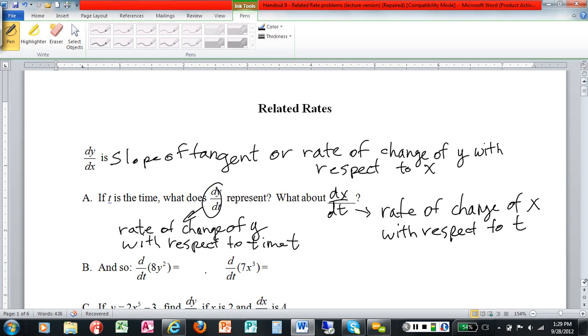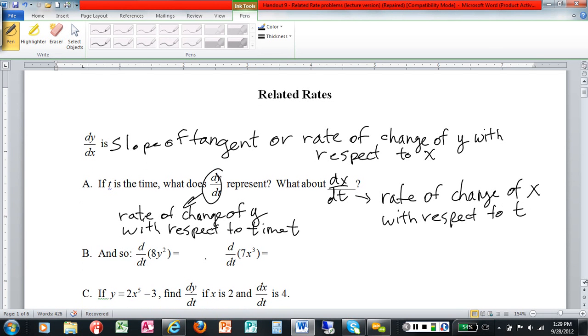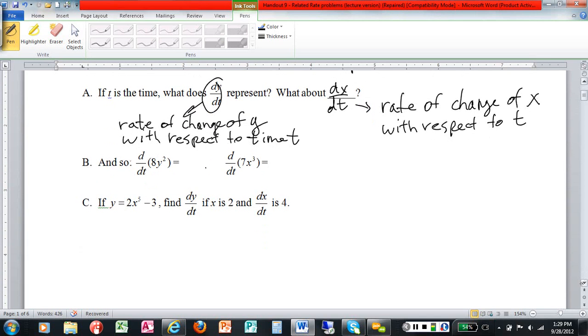All right? Okay, so here's what that means. And so, on B, d/dt of 8y squared, what would you get there? Well, power rule, easy, it'd be 16y, wouldn't it? But what else do I need?